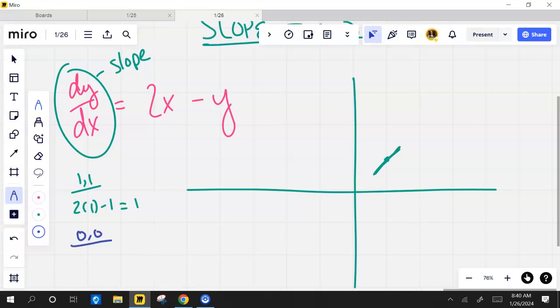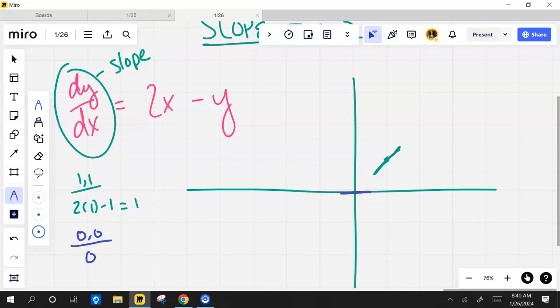What's the slope at 0, 0? Is that horizontal or vertical? Slope of 0, right. And I could do all of these points this way.